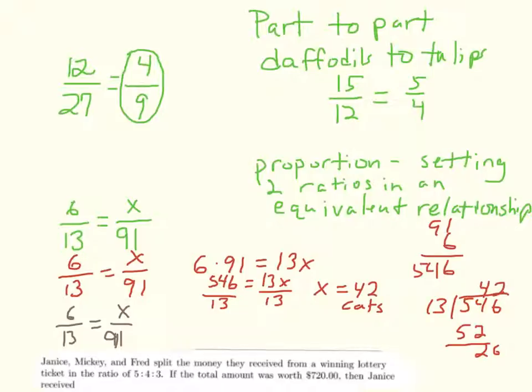So from here what I do is I consider what I multiply 13 by to get 91, and that's times 7, so that would be in the same relationship what I multiply 6 by to get x, and so that's another way you can get that 42 cats.